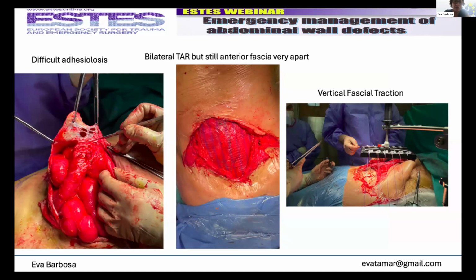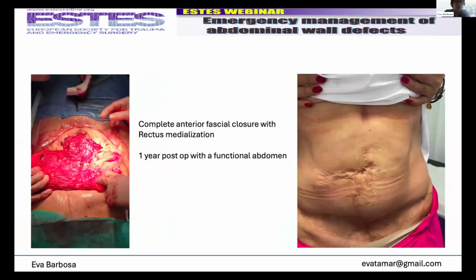We did bilateral TAR, but still, as you see here, the anterior fascia was very apart. So we applied vertical fascial traction, and we managed to do midline closure with complete anterior fascial closure with rectus medialization. And this is 1 year post-op with a very functional abdomen, not as pretty as she would expect for a person that started this by doing an abdominoplasty.